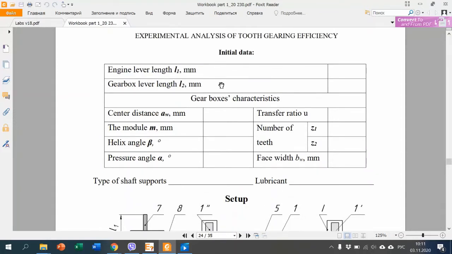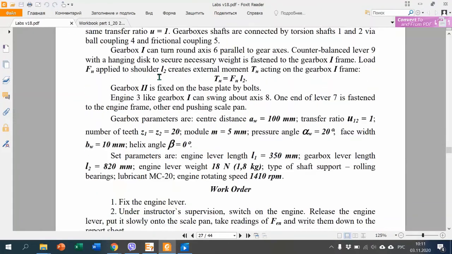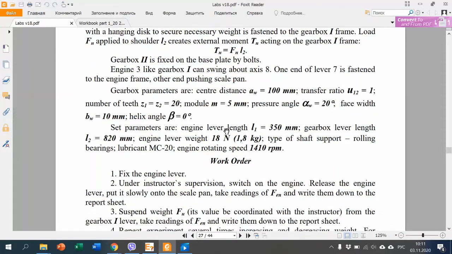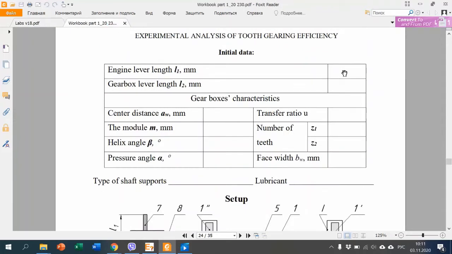Then engine lever length L1 is 350. Gearbox lever length 820.